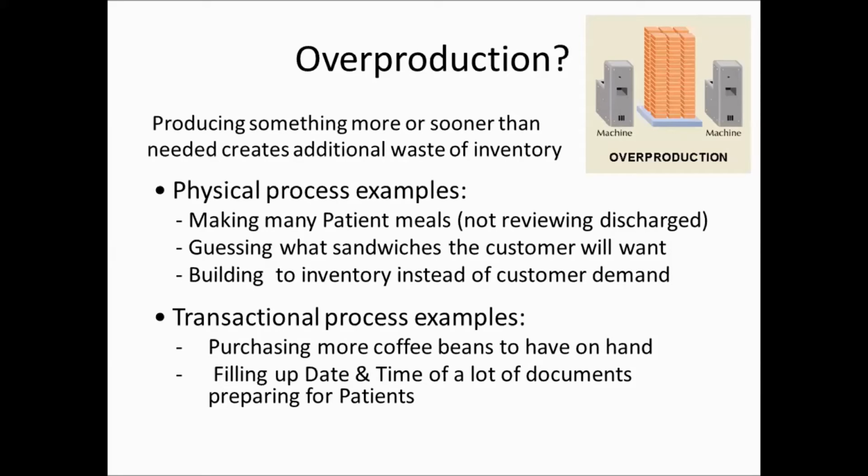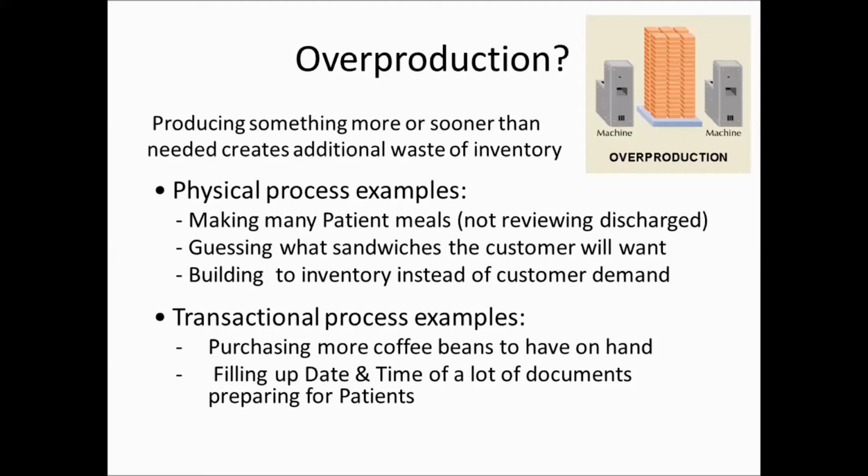Or in another way, at home, guessing what sandwiches your family needs, so you made them while some of your kids are not hungry or do not like the type of sandwiches you made as a mother.